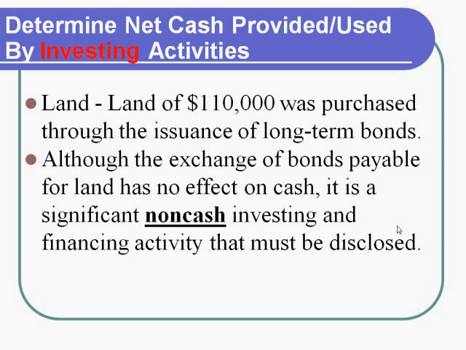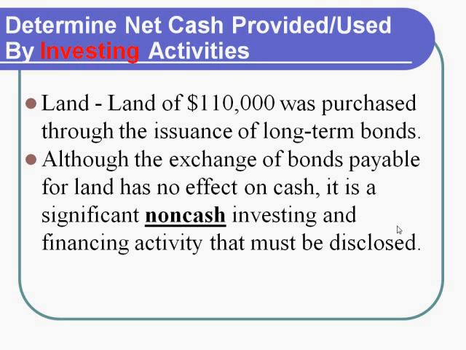Remember, land of $110,000 was purchased through the issuance of long-term bonds. Now we're dealing with this additional information, as well as what we can see on the balance sheet. You can see that land went up $110,000. If you look down at bonds payable, you can see that bonds payable also increased $110,000, and this is consistent.